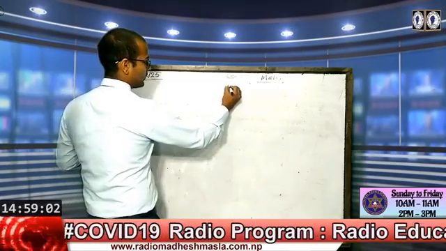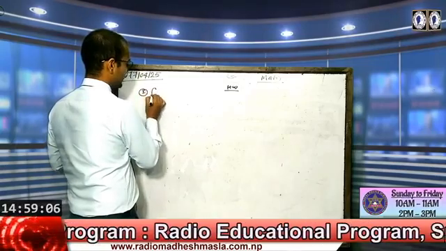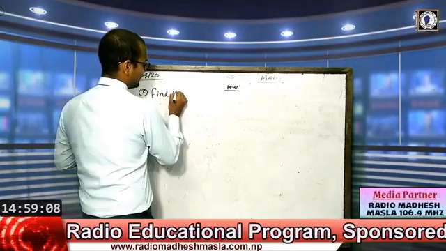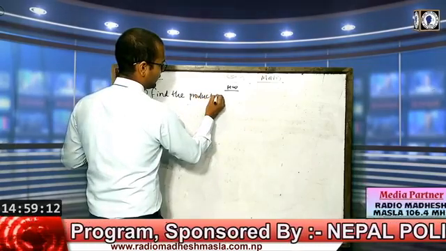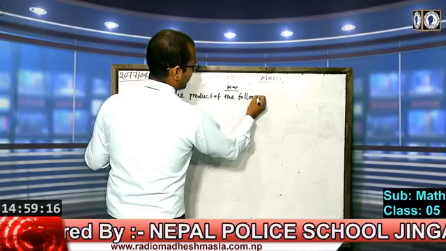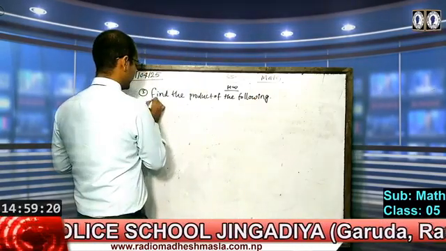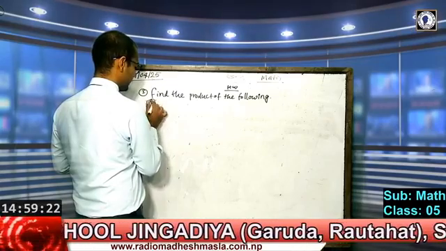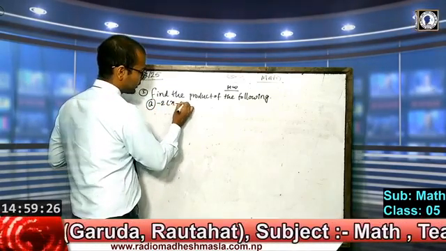Question number 1: Find the product of the following. A: minus 2 into x minus 2.